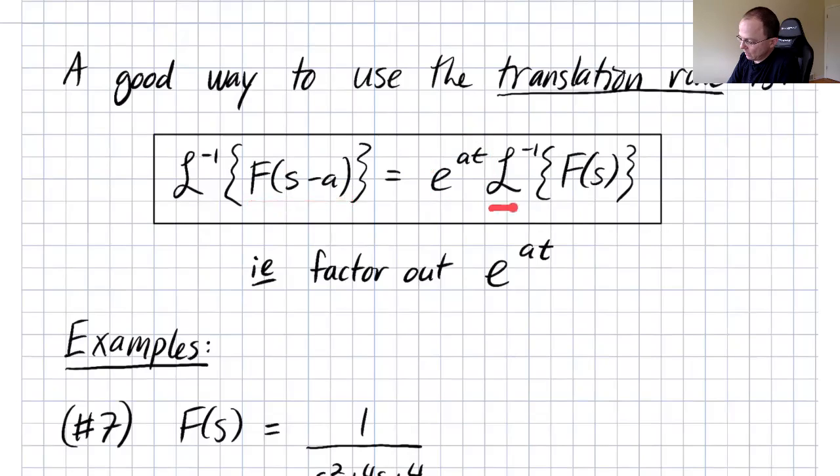And then we just need the inverse Laplace transform of the function f. So it's kind of like you're replacing the s minus a with s now. So it's going the other way. You have an s minus a everywhere, and you replace that with an s. And when you do that, you need to factor out this e to the at term. So that's the idea. Factor out e to the at. So let's do a few examples of this.